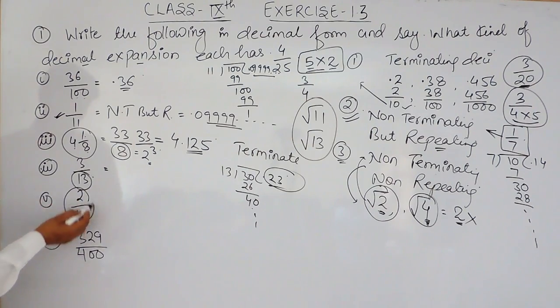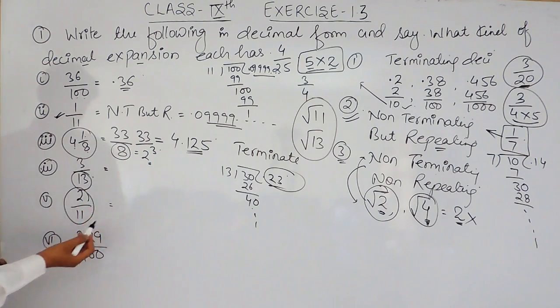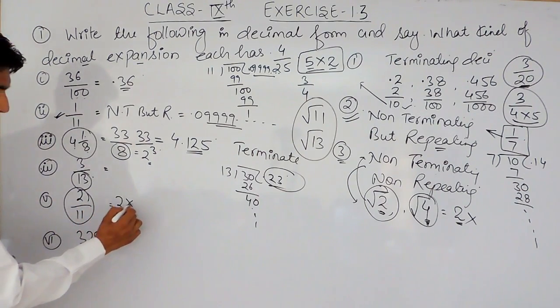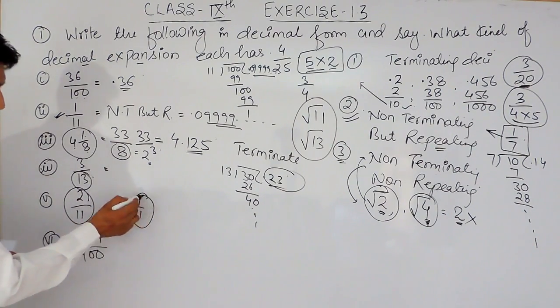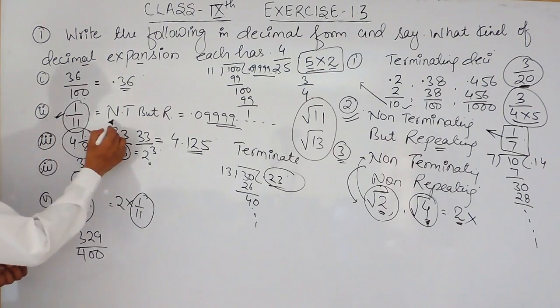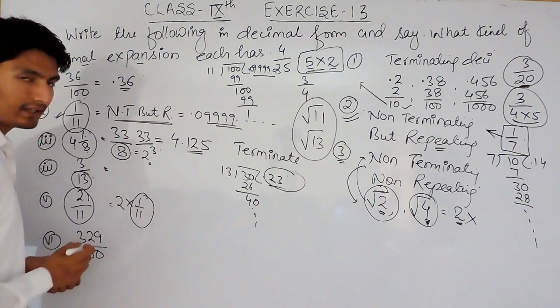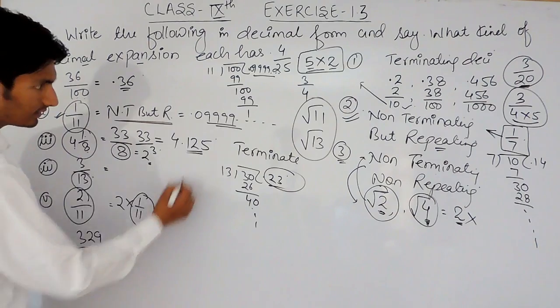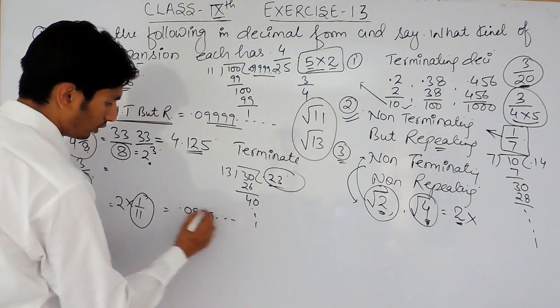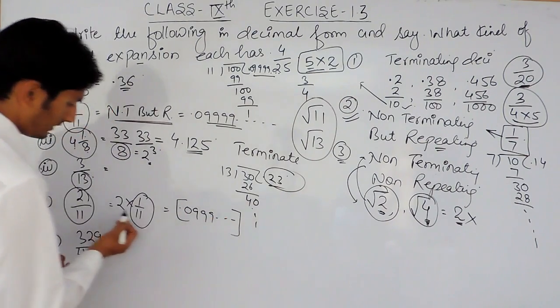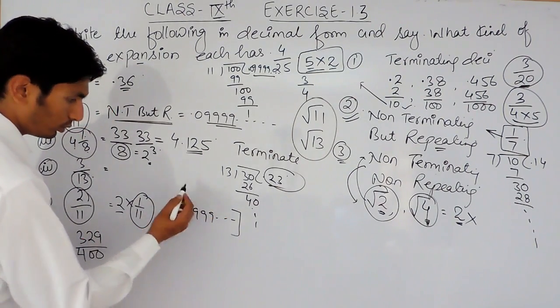Here also, if you want to solve this, this can be written as 2 multiplied by 1 upon 11, and we know that 1 upon 11 is again non-terminating but repeating, and the value of this is 0.0909 and so on, and this value is multiplied by 2.